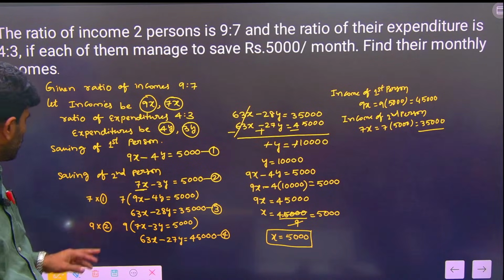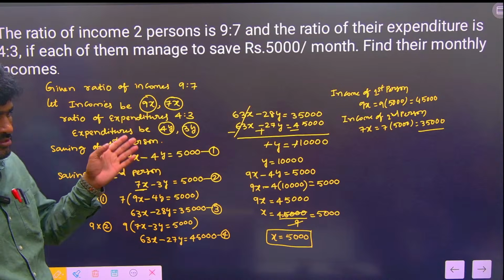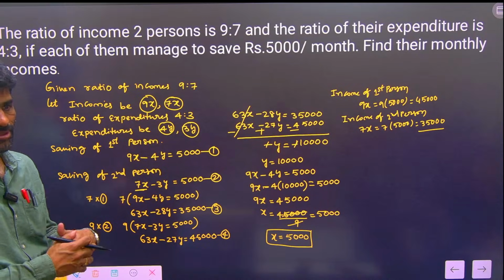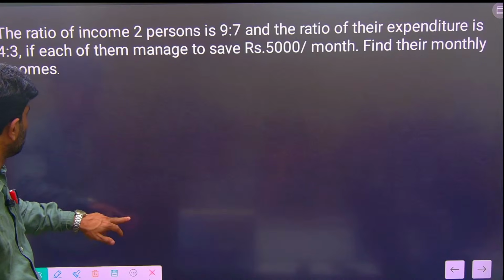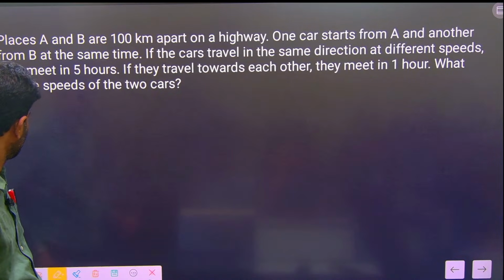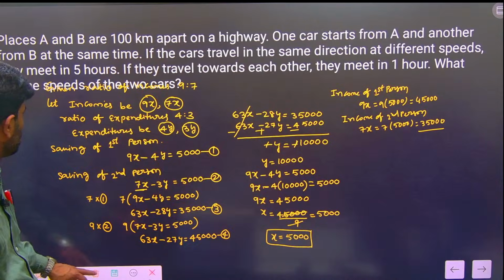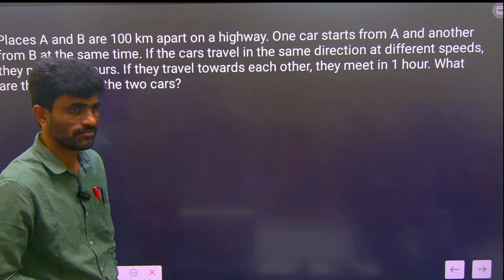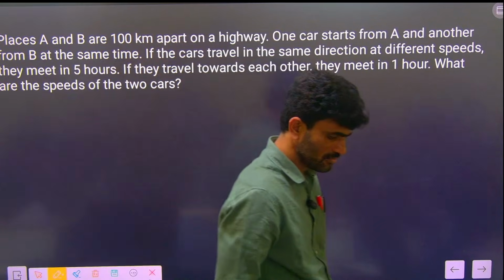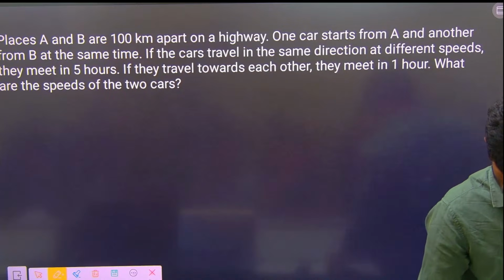This is also simple, not complicated, but you remember saving means income minus expenditure. This is speed, distance, time. Once try, I'll explain again.